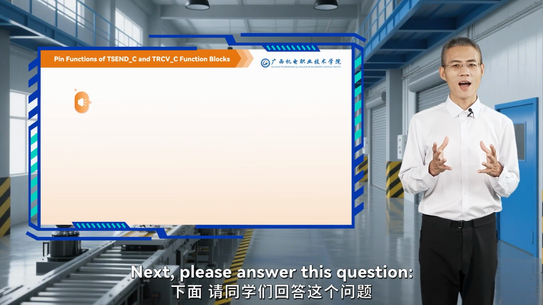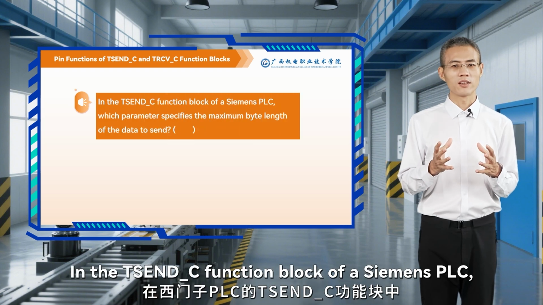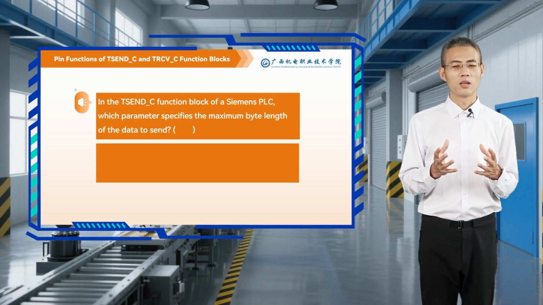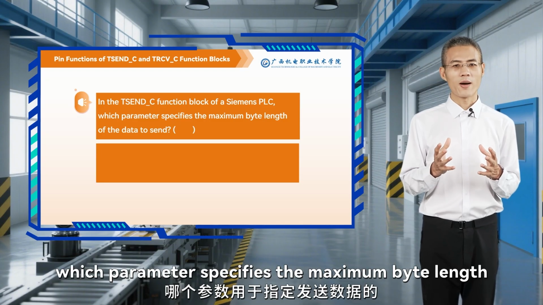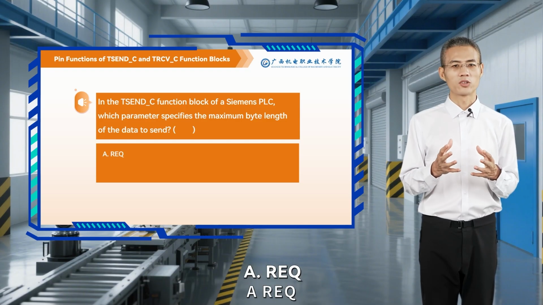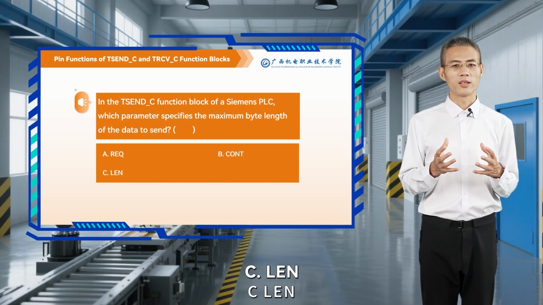Next, please answer this question. In the TSEND function block of a Siemens PLC, which parameter specifies the maximum byte length of the data to send? A. REQ. B. CONT. C. LEN.